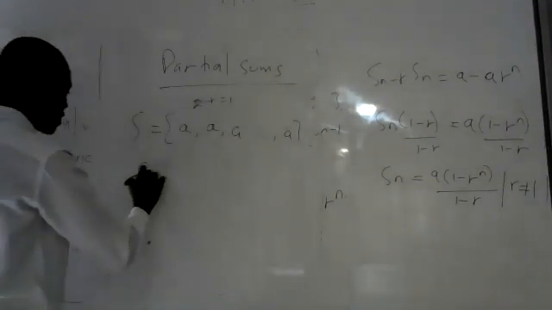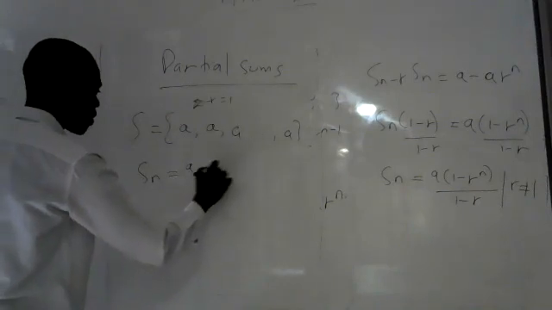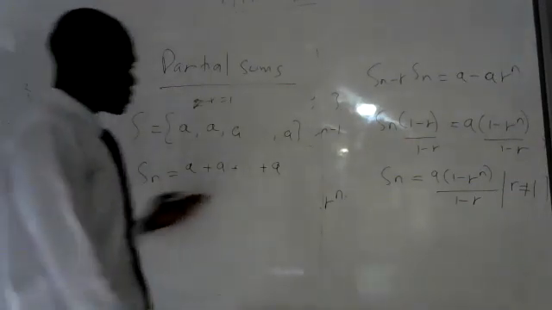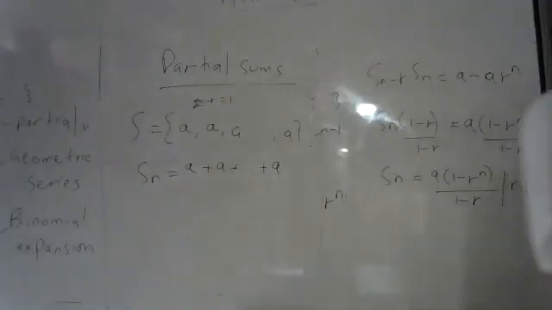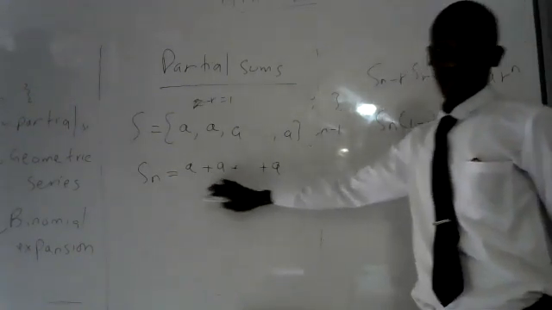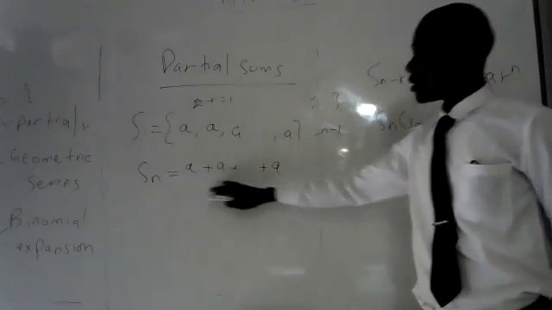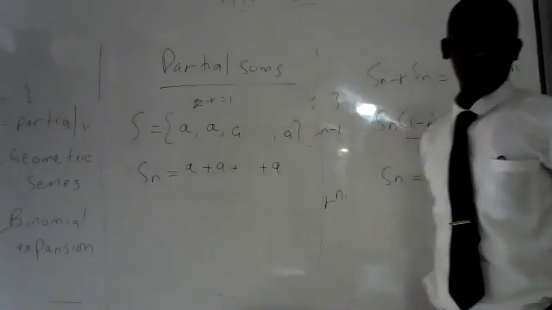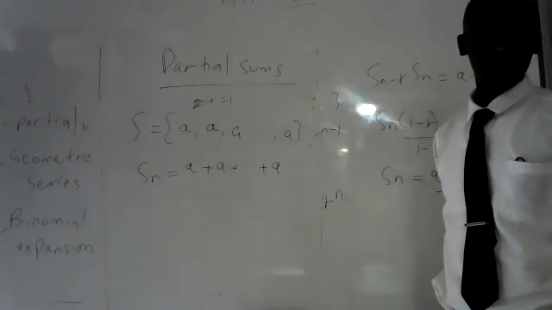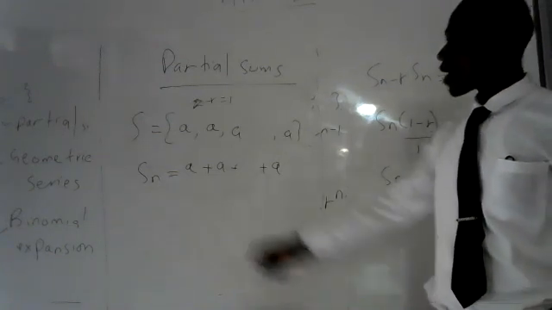So what I'm asking is this, Sn, so now A plus all the way to A. What is this sum? How many A's are you adding? You're adding n times.